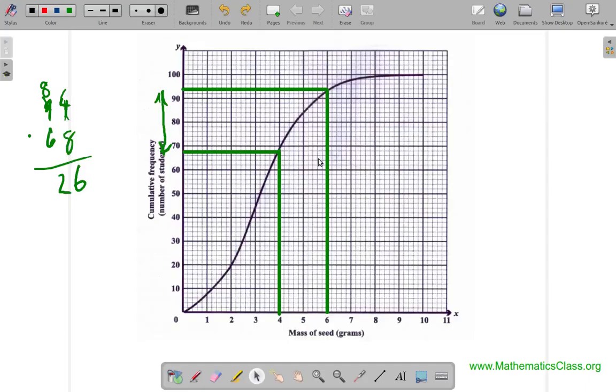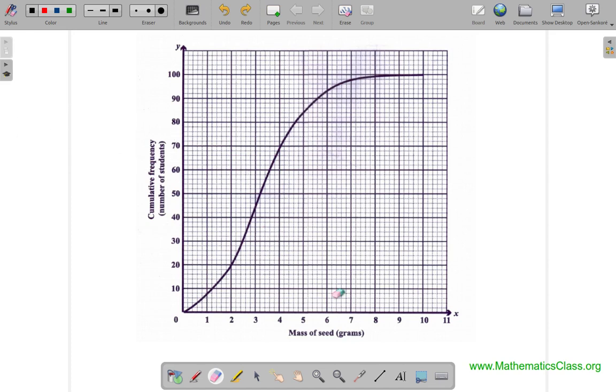Let's look at the curve. Let's just erase what we have here and go through this part of the question. All right. Now, 6 grams. The total number of students who estimated exactly 6 grams would be from the 6 coming up to the curve, and then going across.